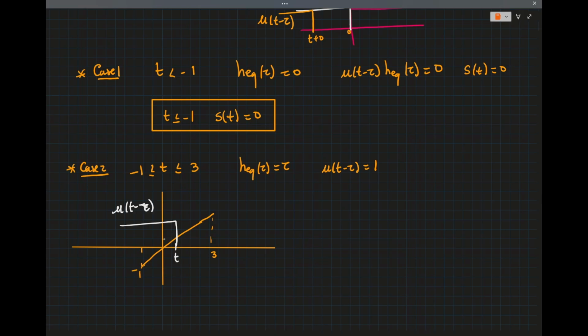So the overlap is from -1 to t. So x of t will be the integral from -1 to t of tau times 1 d tau. When we integrate, we have tau squared over 2 evaluated from -1 to t. So t squared over 2 minus 1/2.